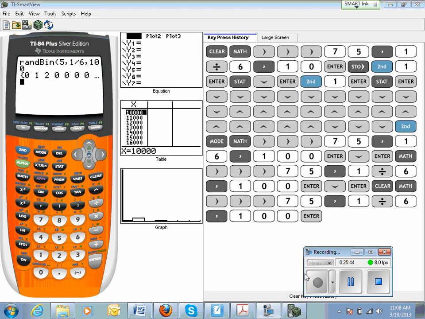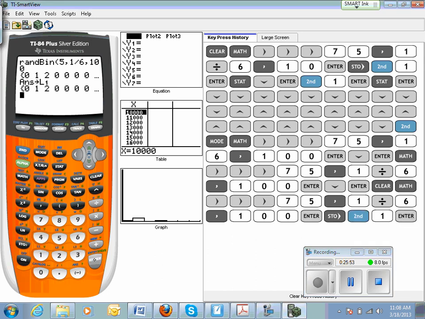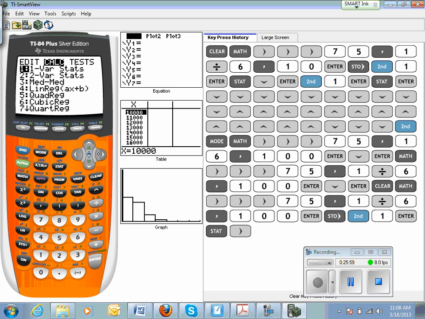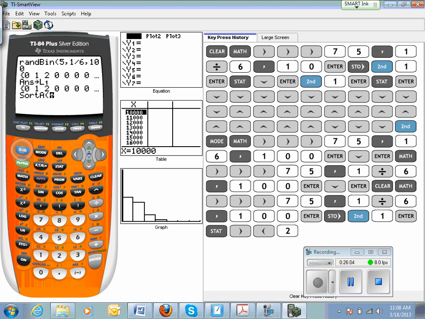So we could, again, put this into a list. I'll store it in list 1. And then we can sort list 1 by going into stat, option 2, list 1. I don't know if we'll just do a histogram for that or not.